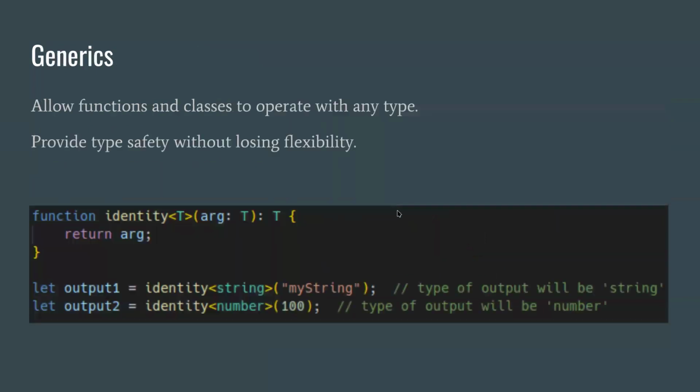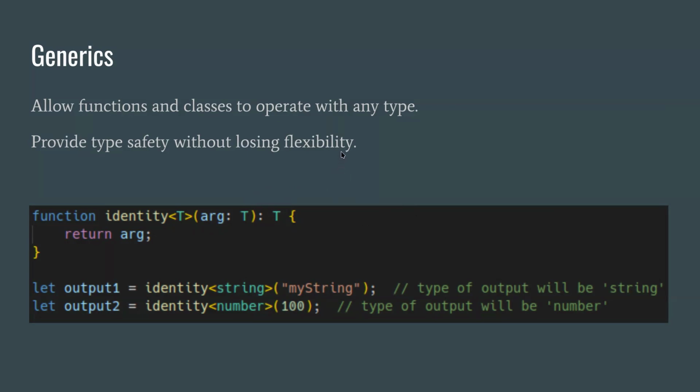Generics. So generics provide a way to create reusable components. This concept allows you to create a component that can work over a variety of types rather than a single one. Imagine you have a function that returns the last item from an array. Without generics, you need to define the function for each type of array.